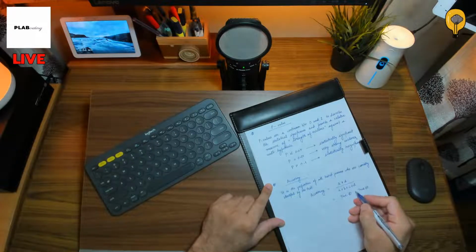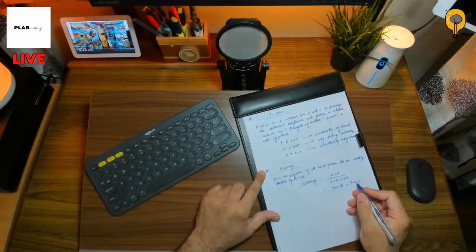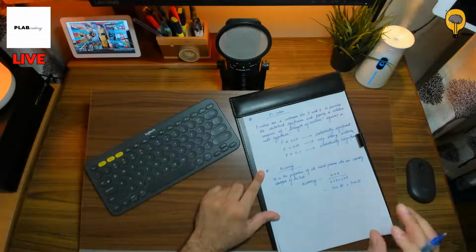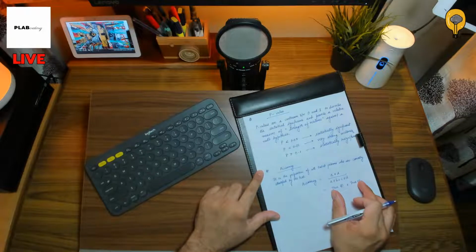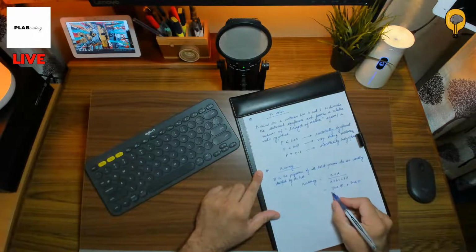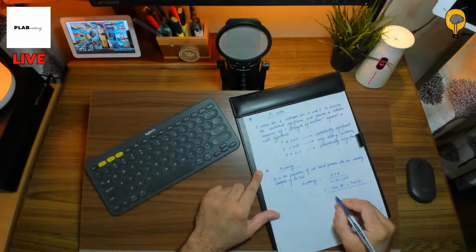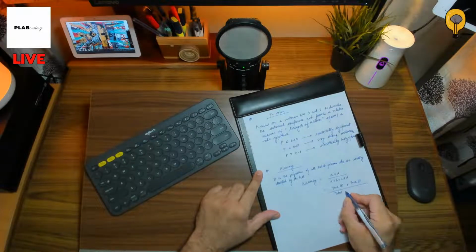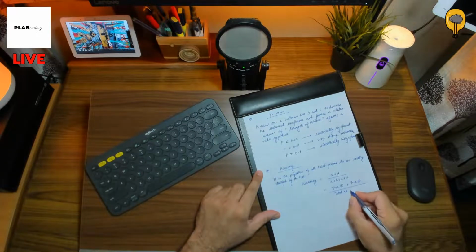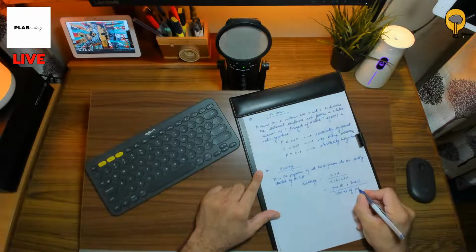So the number of persons who are correctly identified by the test, that is the proportion of all the tested persons who are correctly identified. For proportion we have to take a denominator as well, which is here total number of persons.